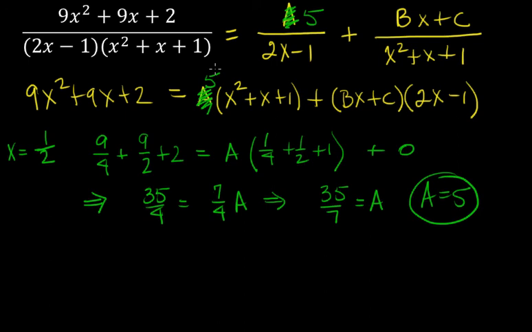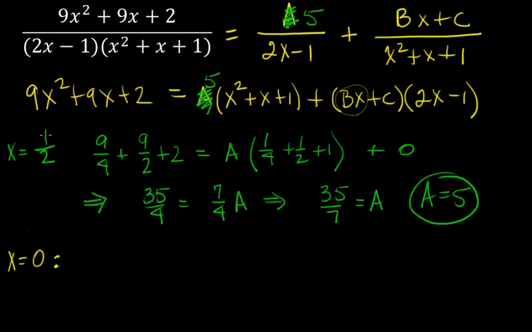This is a little more complicated than just having two linear factors. So I'm going to use the fact that a is equal to 5. Alright, so now I want to think of another value of x. Well, if I let x be 0, I would make this term disappear. And I know a is 5, so let's let x be 0 and see what happens.